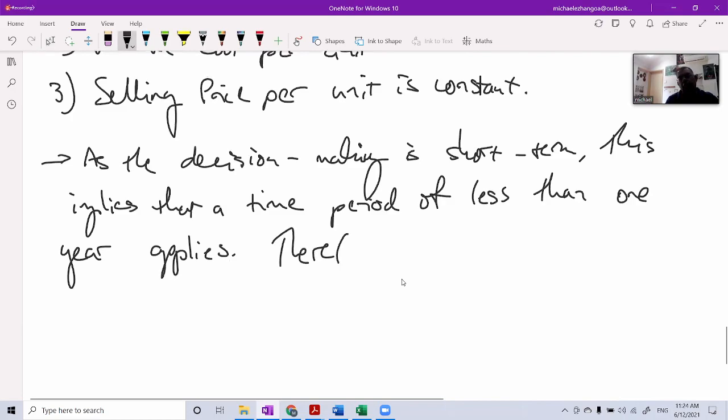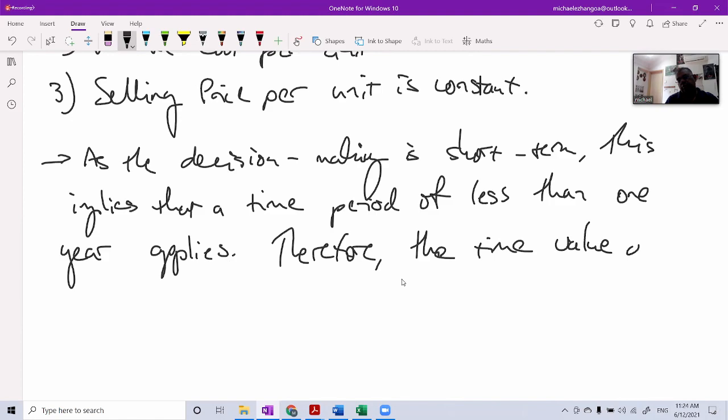therefore, the time value of money is ignored.